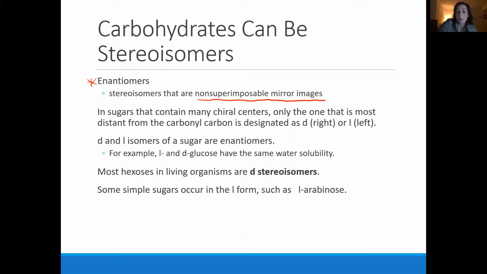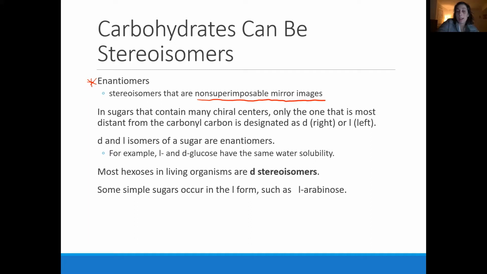So remember, if you are familiar with R and S, here R is equivalent to D and S is equivalent to L. So for sugars, we will use the D and L nomenclature, which again means that they contain a chiral center that can be distinguished based on the positioning of their atoms around a chiral center.